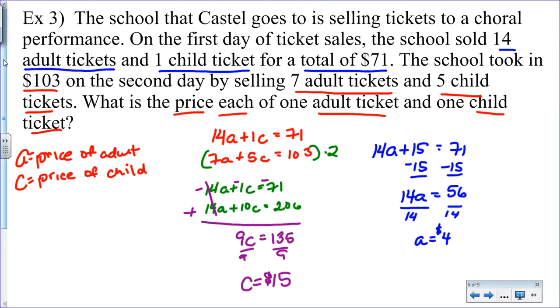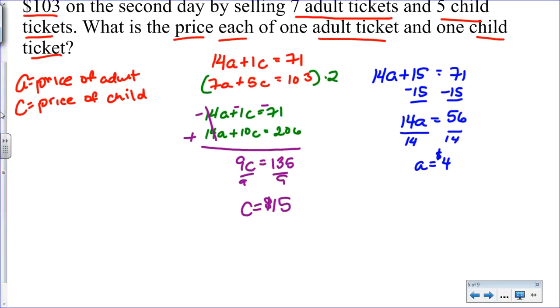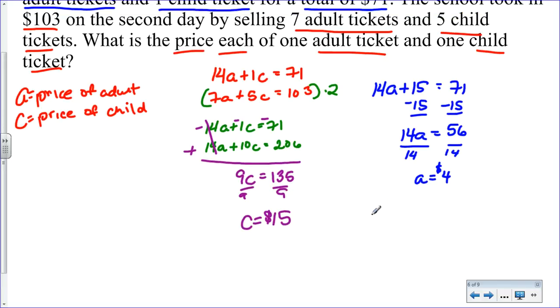Now, when we're checking these, we talked about making sure the answers make sense. I look at this one and I don't think it really makes sense because typically an adult's going to cost more than a child. This does work out. We're going to check it. But a child ticket is going to cost $15, and an adult ticket is going to be $4.